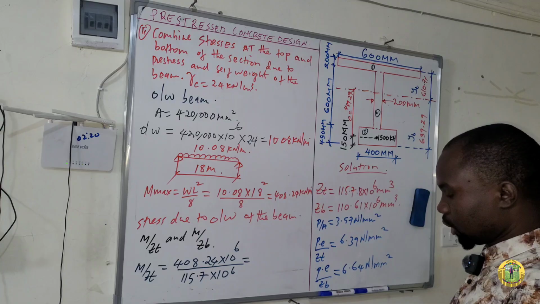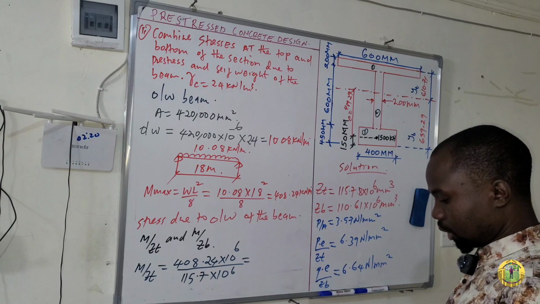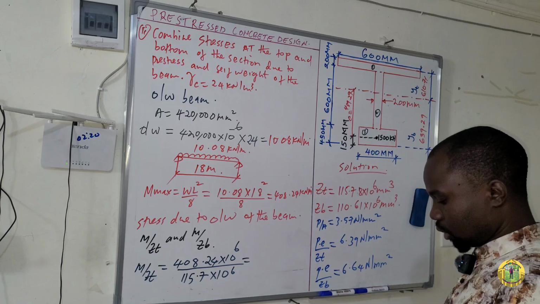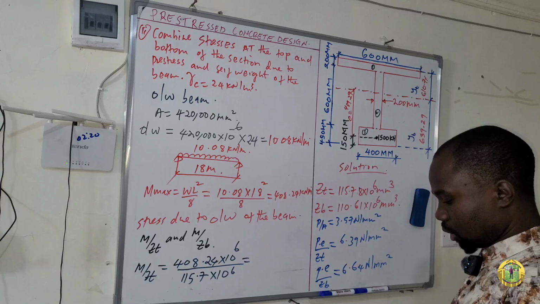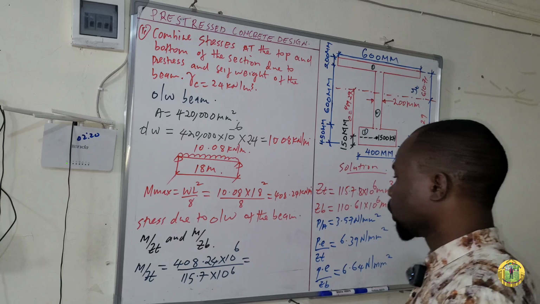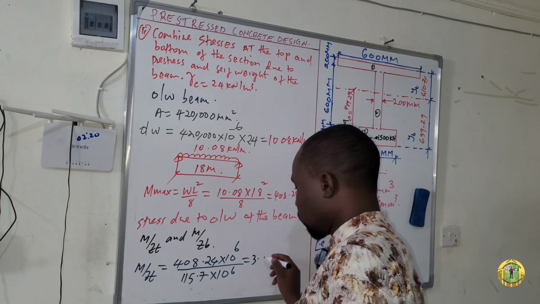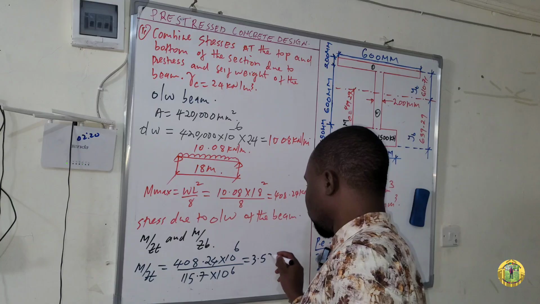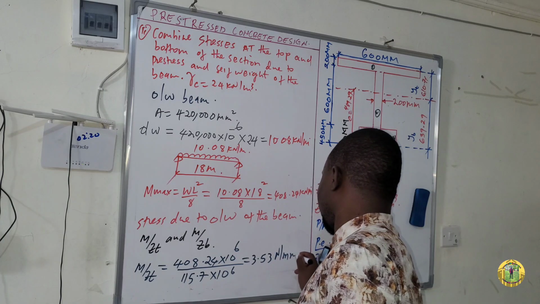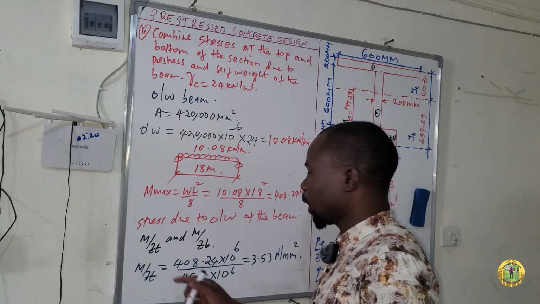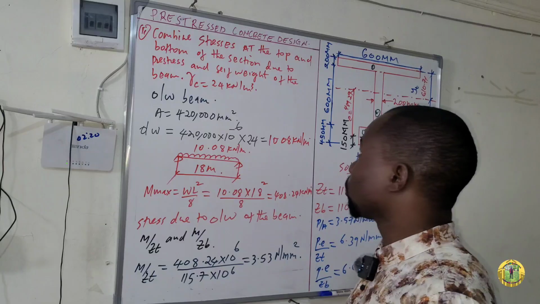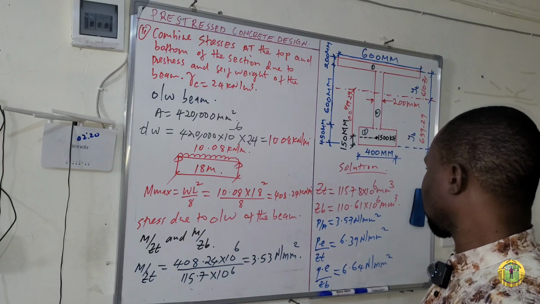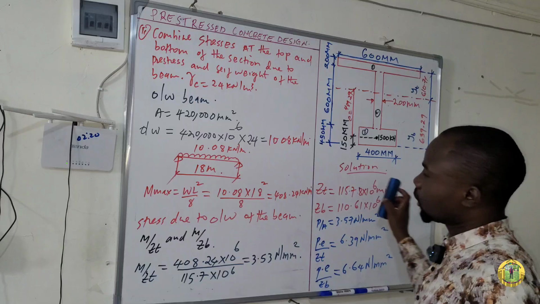So 408.24 times 10 to power of 6 divided by 115.7 times 10 to power of 6 is 3.53 Newton per millimeter square. So this is M over Z top. We now proceed to M over Z bottom.